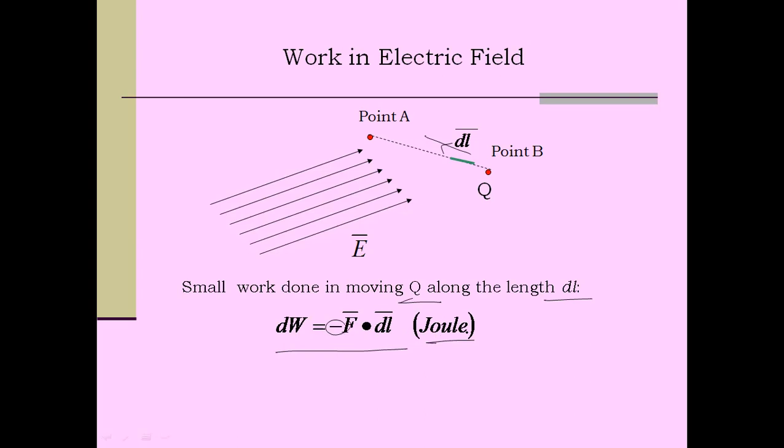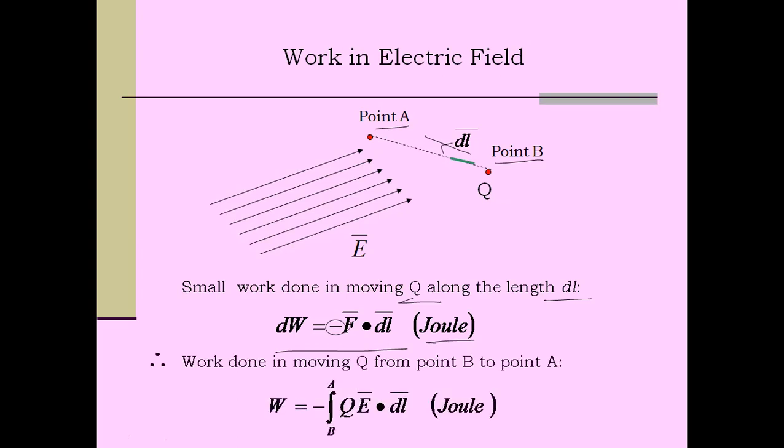So with that, we can straight away calculate that the total work needed in moving the charge Q from point B to point A in the existence of the electric field can be obtained by simply integrating dW.